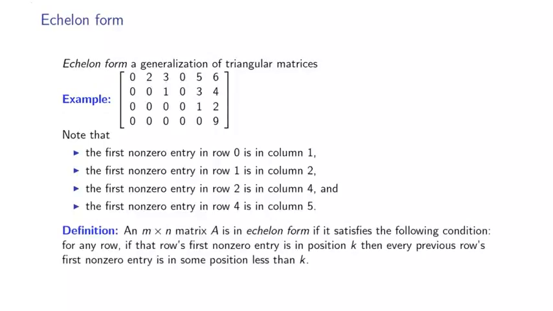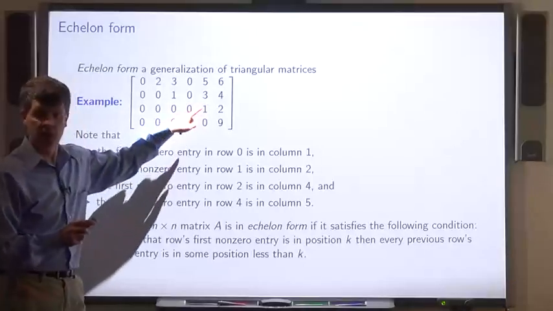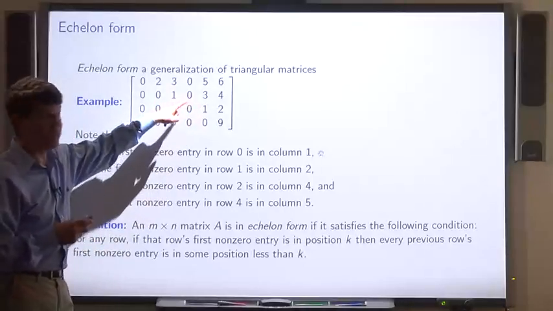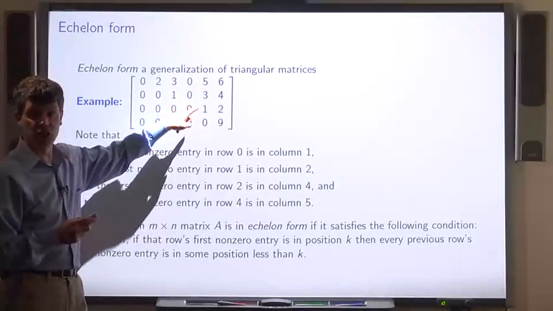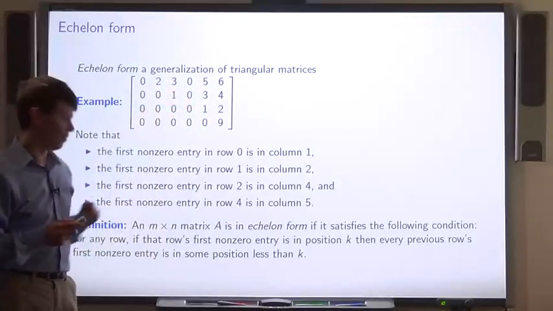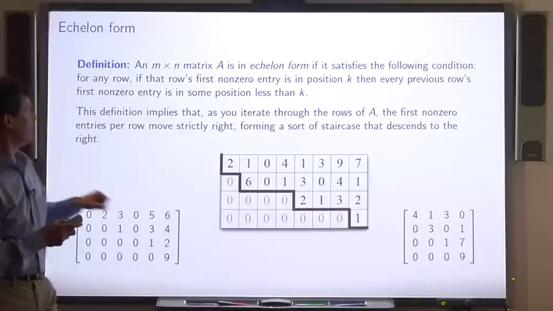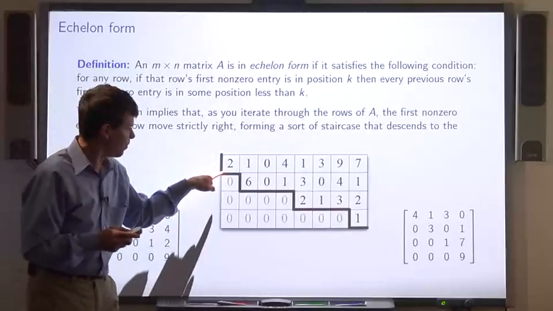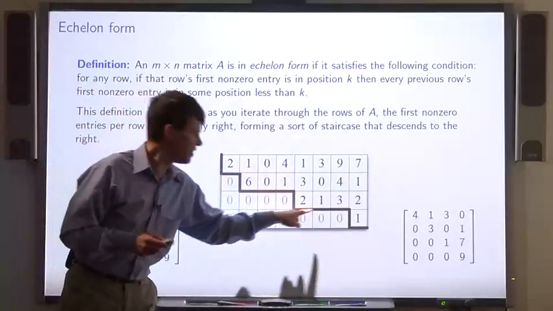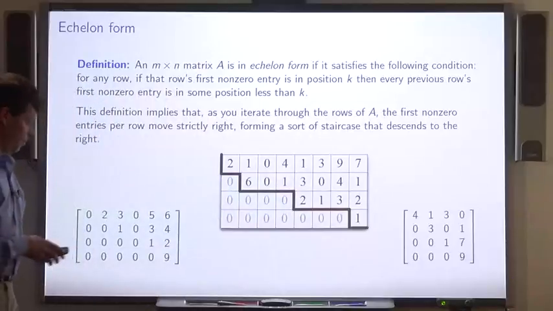A matrix is in echelon form if it satisfies the following condition. For every row, if that row's first non-zero entry is in position k, then in all the previous rows, the first non-zero is to the left. As a consequence, as you go through the rows, the non-zeros form a sort of staircase descending down.